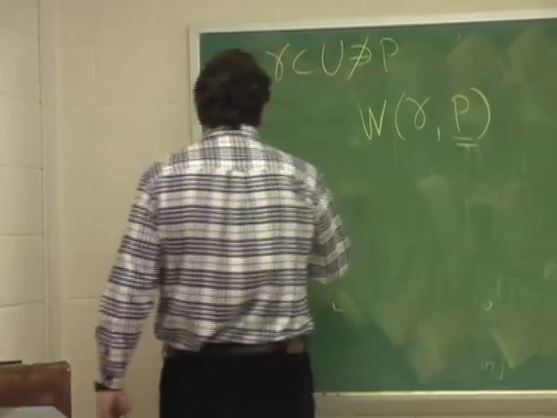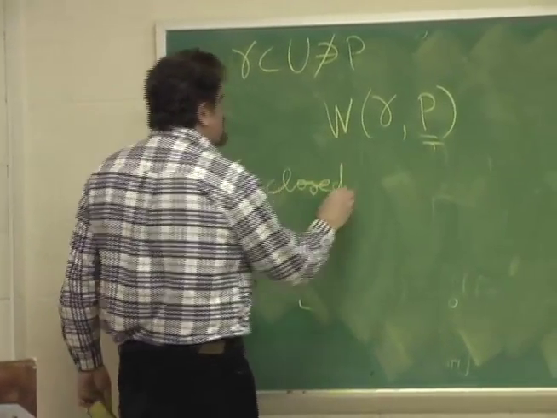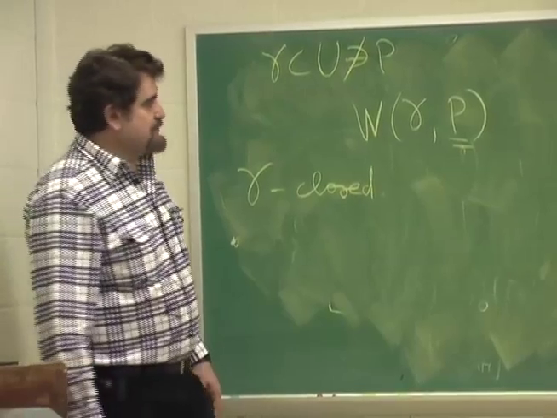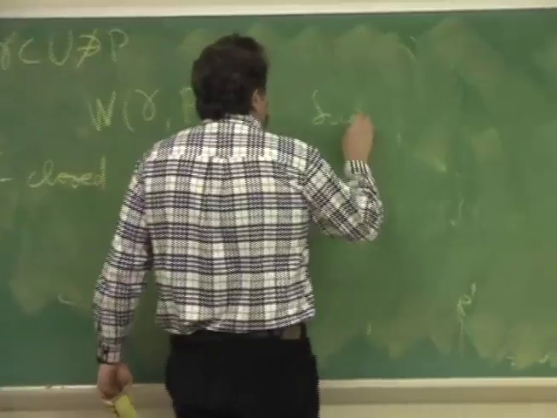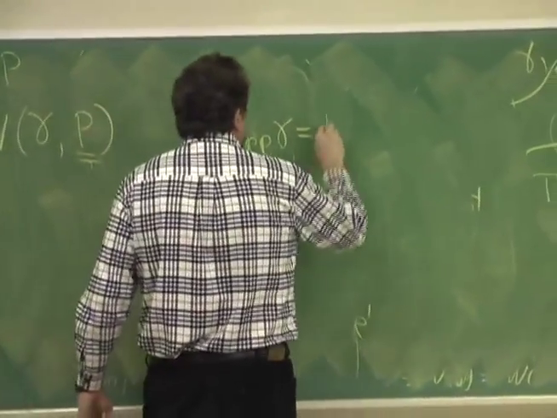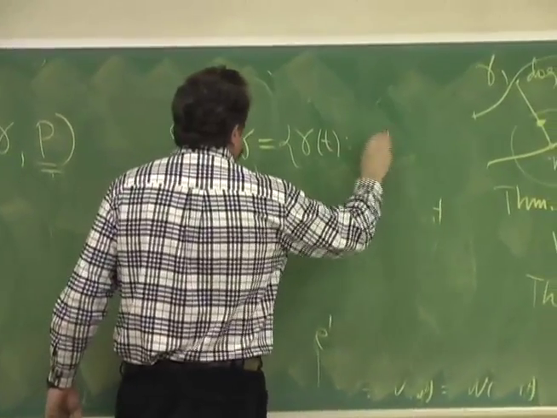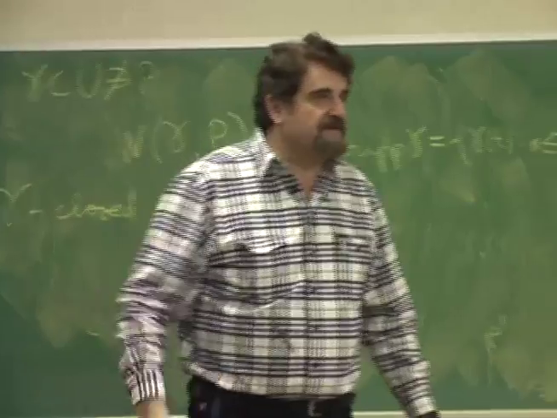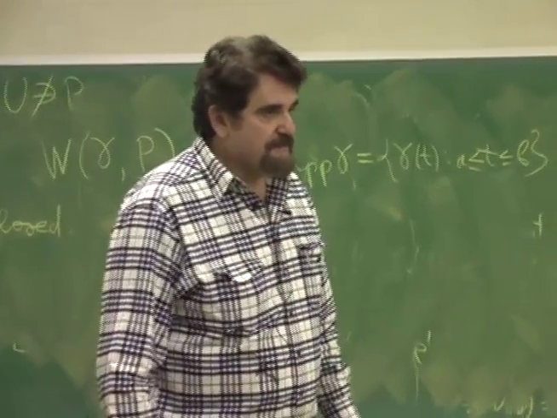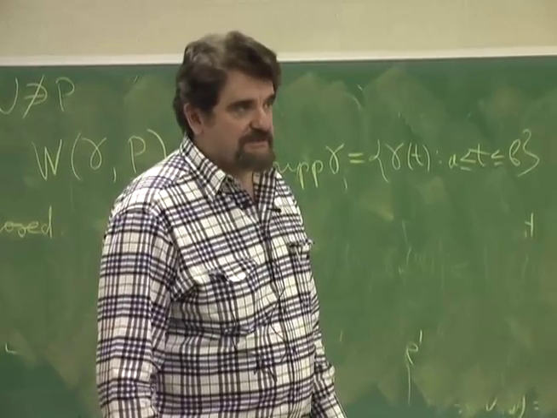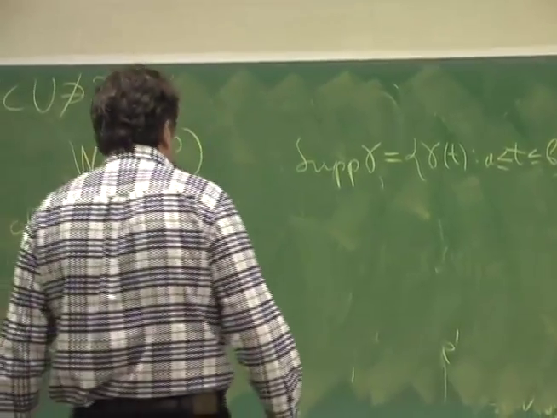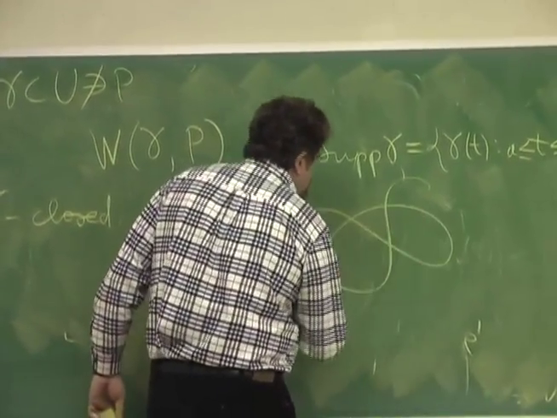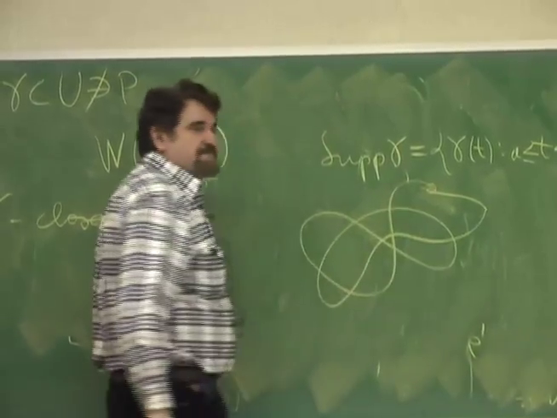I will assume that gamma is closed. Let the support of gamma be the set of gamma of t for t between A and B. So the support is the curve itself as a geometric object, without any parameterization. Gamma is closed, therefore the support is something like this.